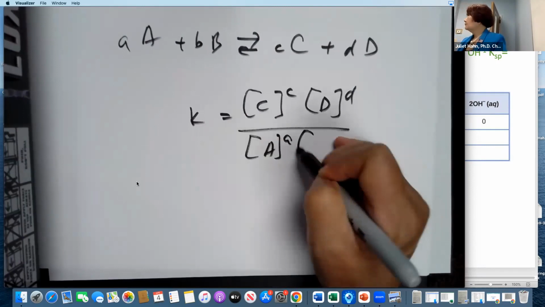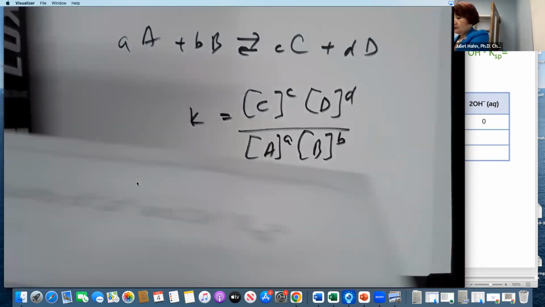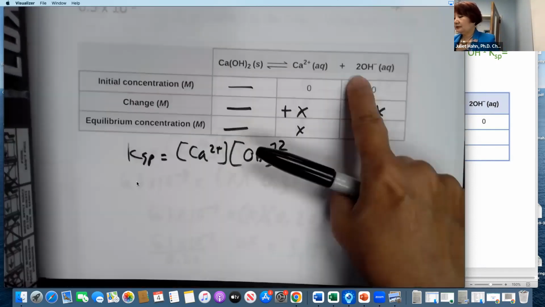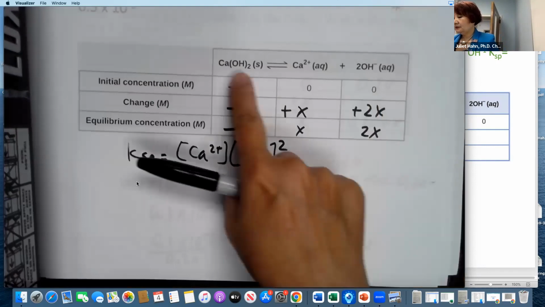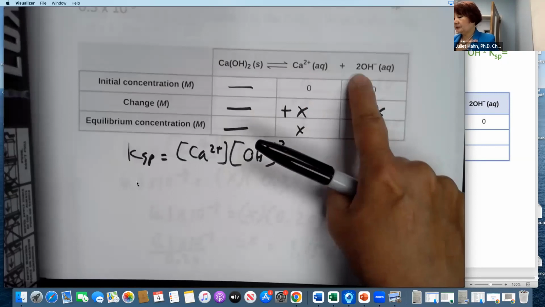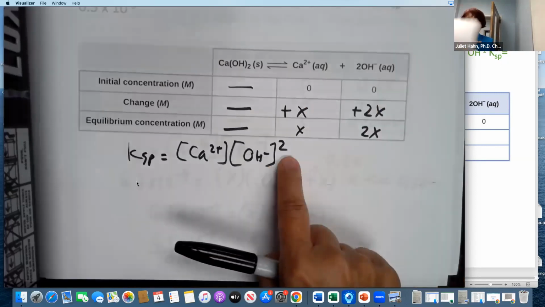Remember that? So all we're doing is just doing that for Ksp. So if this is C, little c is 2, so you're raising the concentration of hydroxide to the 2nd power.